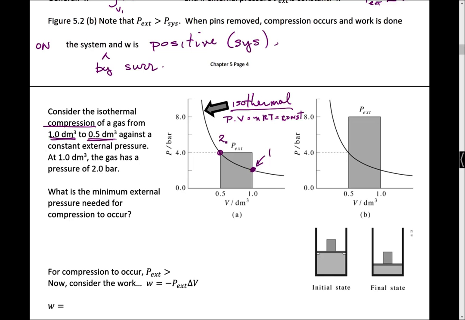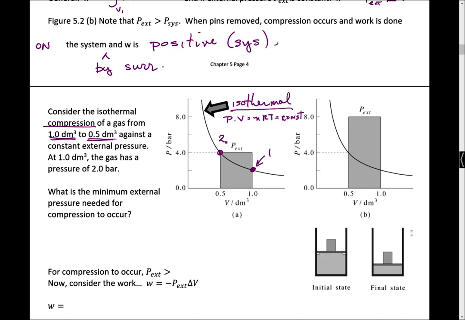Does that make sense? Okay? All right, so the first thing that we're going to do in order to determine under what circumstances I expect this compression to occur, we need to calculate what the external pressure limits are. All right? So I'm going from 1 decimeter cubed, starting at this pressure, this volume, right? I want to end up at this point.